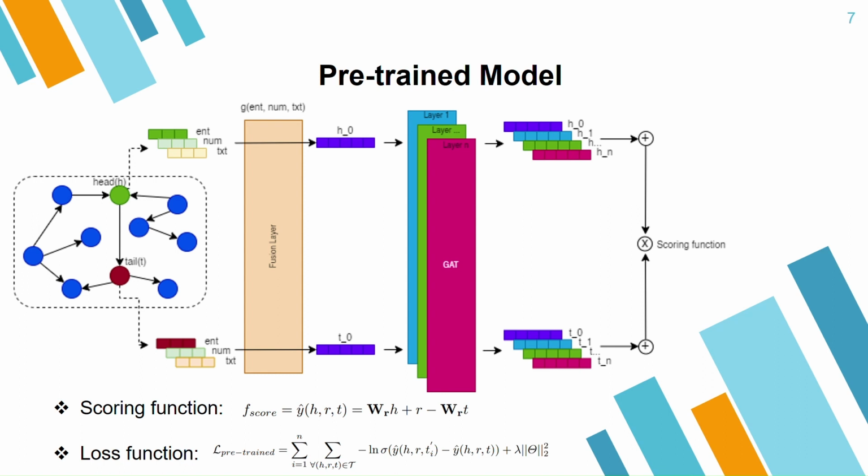And then to learn the embedding, we compare the negative triplet and the positive triplet. We generate the negative triplets, and we calculate the negative triplet score and compare it with the positive triplet score to learn the embedding.